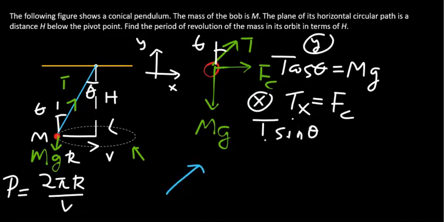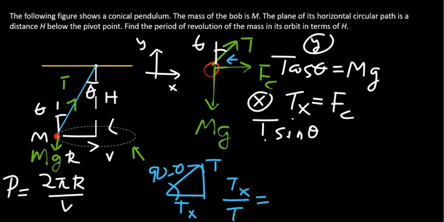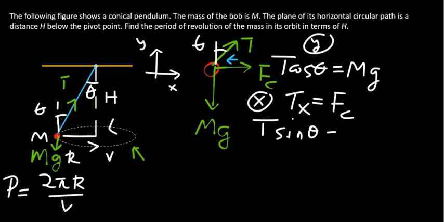We note that this is tension, this is horizontal, and this is the x component of the tension, and we know this is 90 minus theta. That is this angle right there. So you see that Tx over T equals cosine of that, or quite simply sine of theta. The centripetal force is simple.